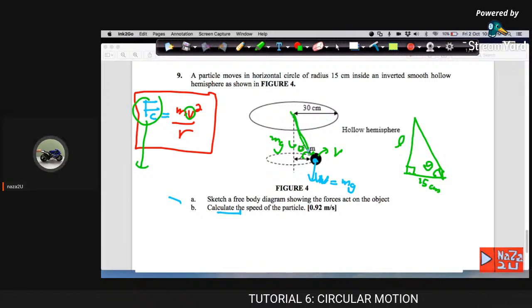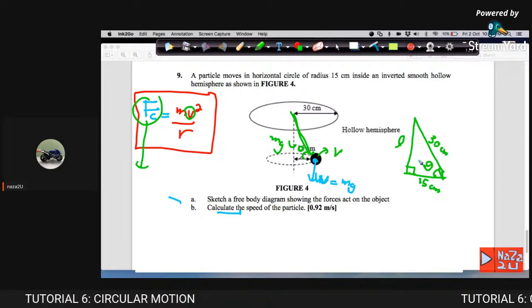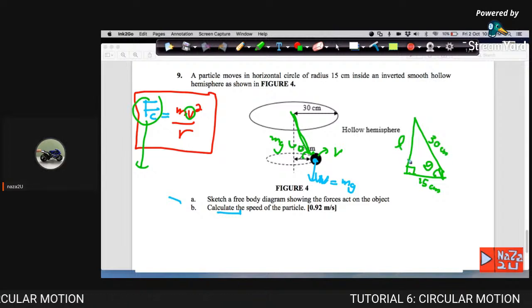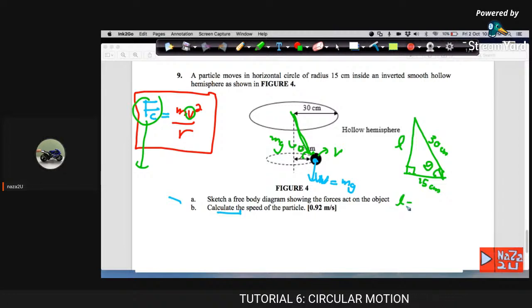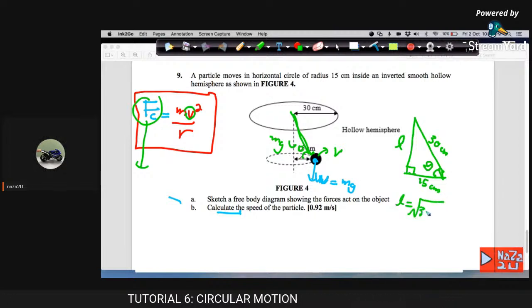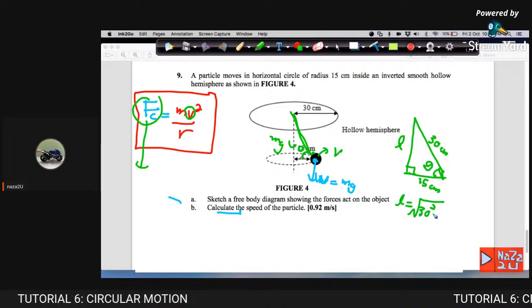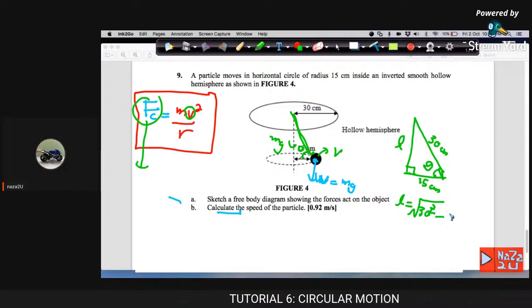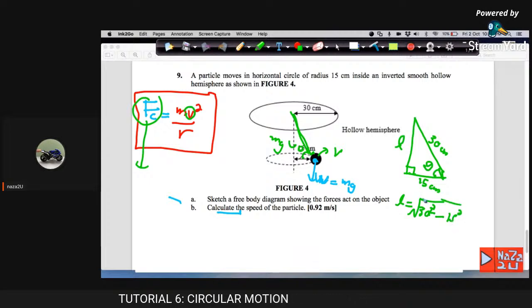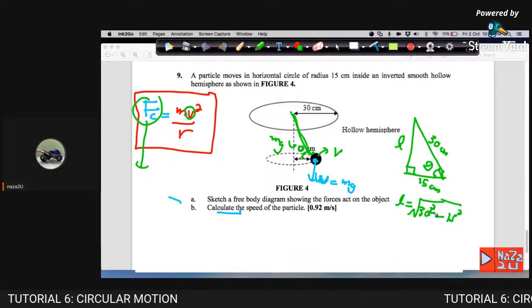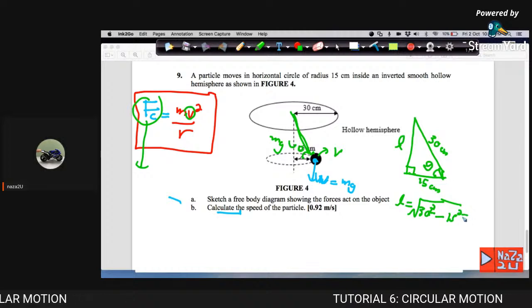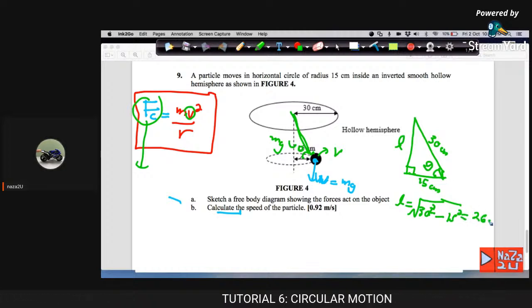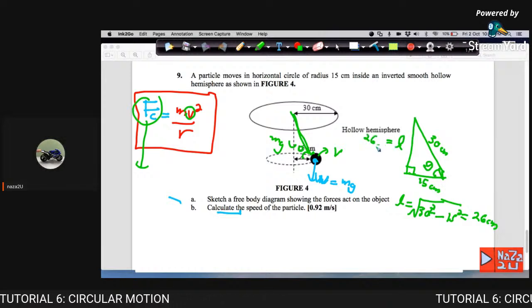So this is a radius, so this is also 30 cm. Kalau kita guna Pythagoras, kita boleh cari panjang kat sini. So L is equal to square root of 30 square minus 15 square. So the L is equal to 26 centimeter.